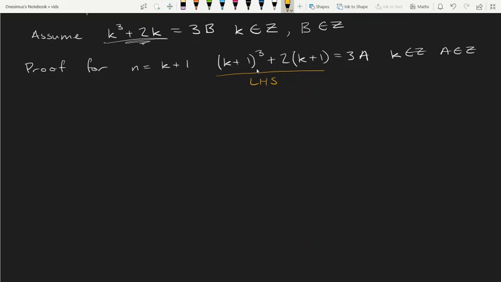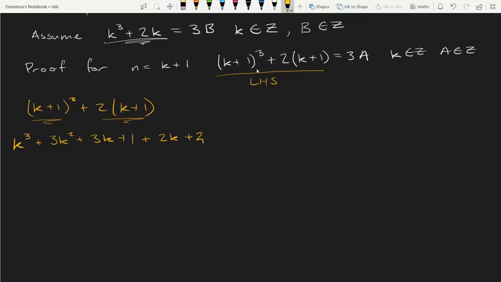So let's start by writing this out again. K plus 1 all cubed plus 2k plus 1, and we can expand k plus 1 cubed as k cubed plus 3k squared plus 3k plus 1. So that's that term expanded. Now we can work on the second term, and that's going to come as plus 2k and plus 2.